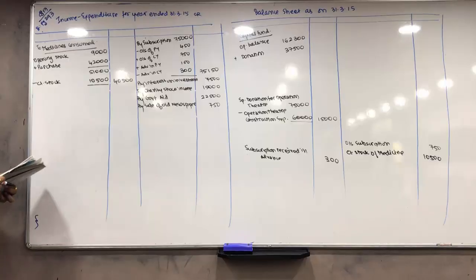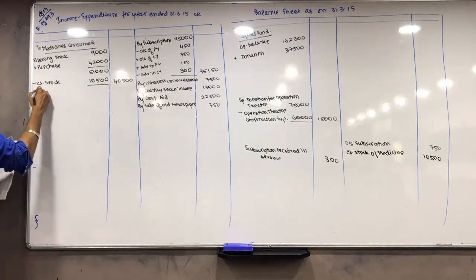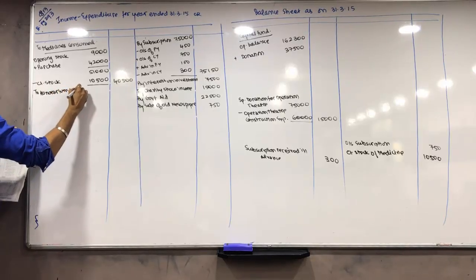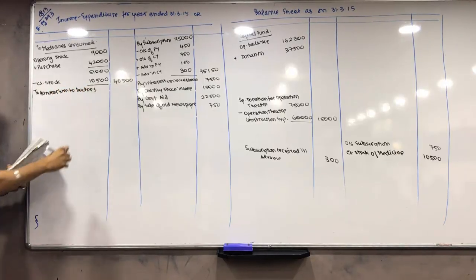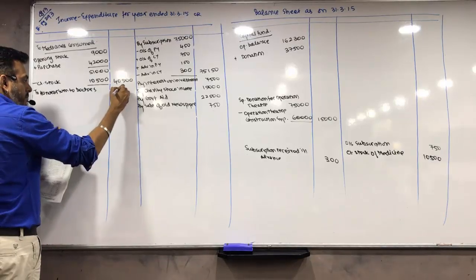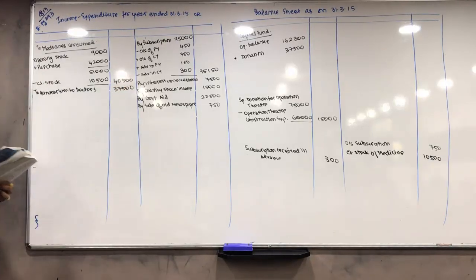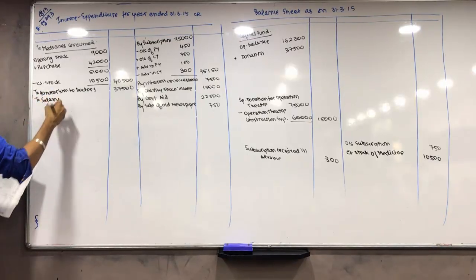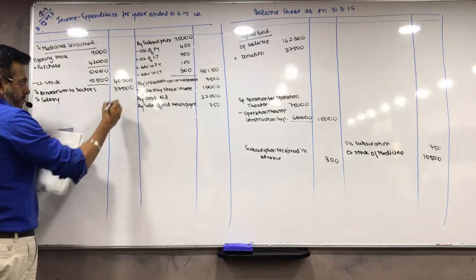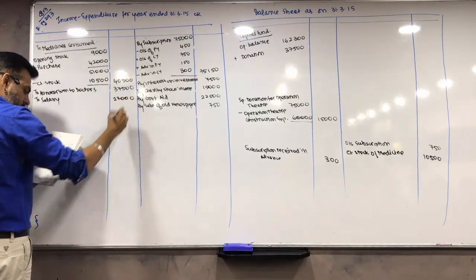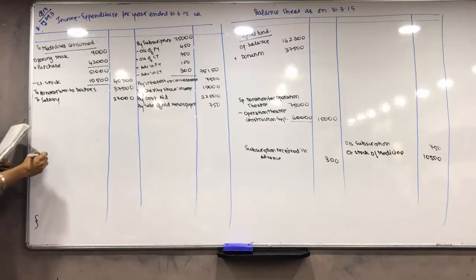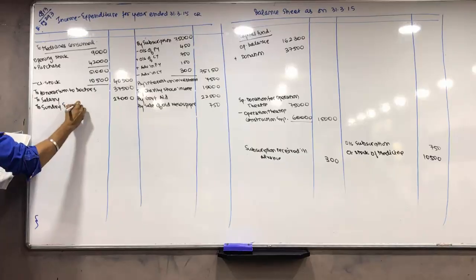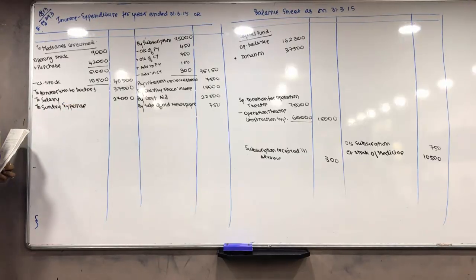Okay. Next, honorarium to doctors. To salary 27,000. To sundry expense 750.